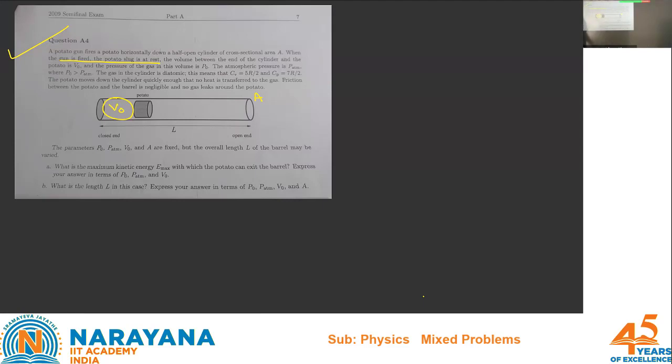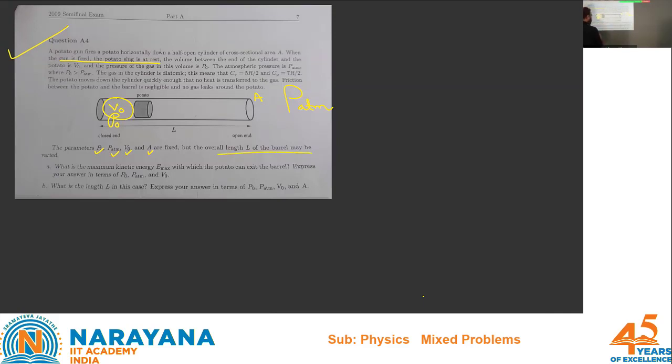Now the pressure of the gas in this volume is P0. यहाँ फंसा हुआ है P0, and the outside pressure is P ATM. वो pressure दिया हुआ है P ATM. Now the question is somewhat like this: P0, P ATM, V0, area of cross section A, and the complete length, everything is given.